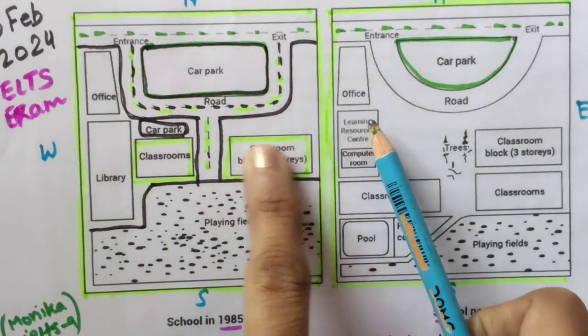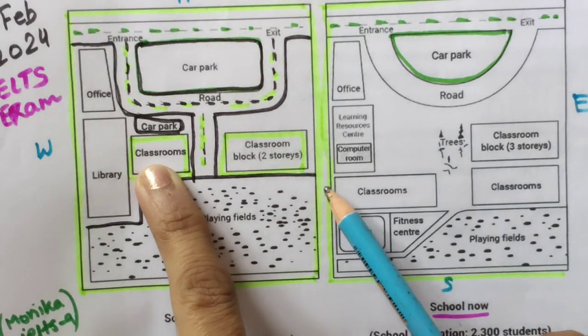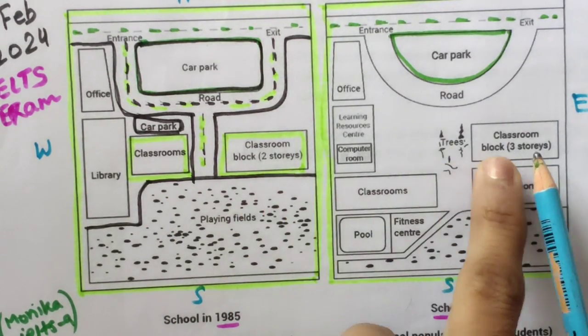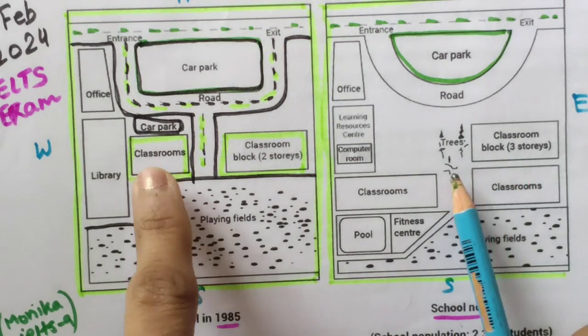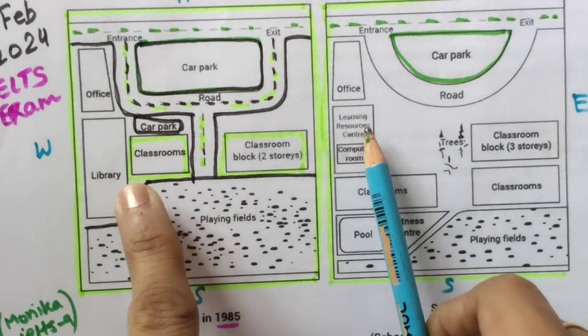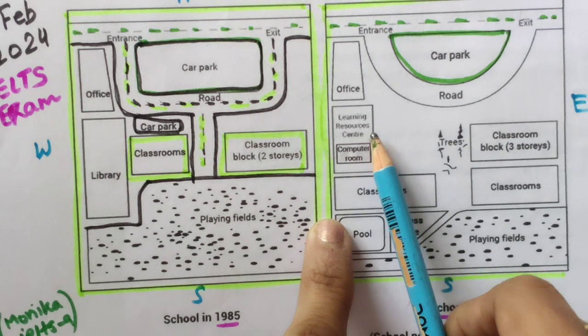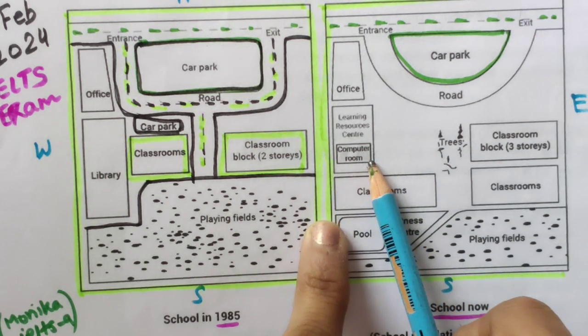The car park is there. The classrooms: a 2-story building was there, now they have converted it into 3 stories, and they have removed this part. Instead of the library they have made a learning resources center, and a computer room is also there.